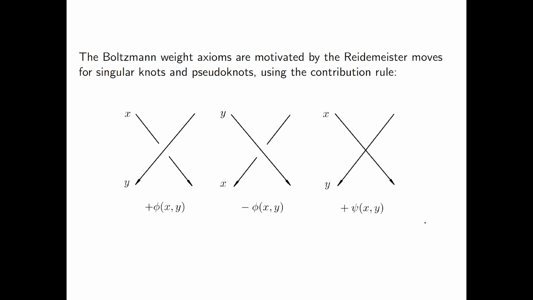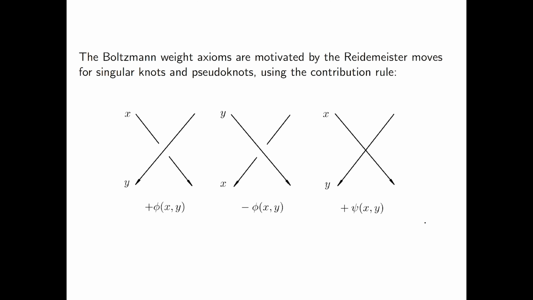And so what we have to do is set up the weight contribution for each one of these crossings. At a positive crossing, we're going to assign a positive phi, and we're going to be taking in the colorings on the semiarcs on the left, so x and y. Similarly, at a negative crossing, we're going to assign negative phi, and we're going to take in the inputs in this order for the left side of the semiarcs.